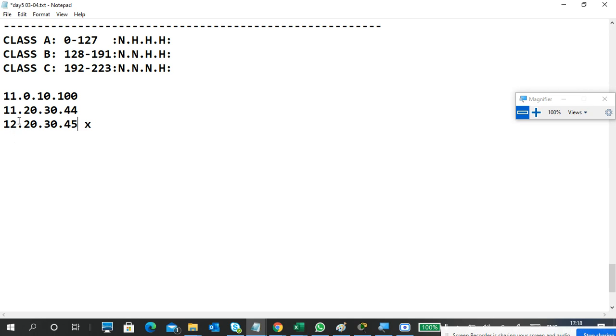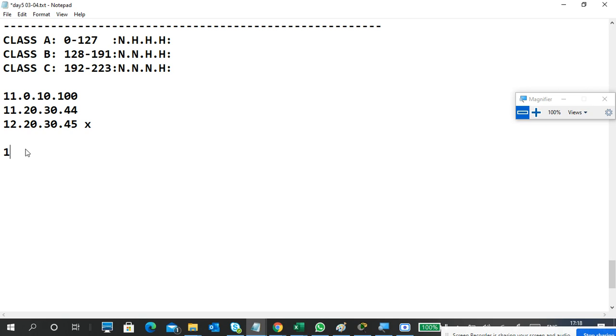If you give the next number and accidentally put a 2, it won't communicate. So we have to verify. You have to verify the network portion first, which class it is. Both are in the same network. How can we say the same network? The network portion must be the same here.